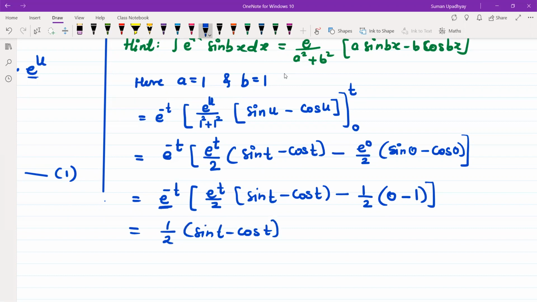Multiply this e raised to minus t to the second term also. So it will become plus half e raised to minus t. Why will it become plus? Because this is minus half and this is minus 1. So plus half e raised to minus t. So this is the final answer, kids. I hope everyone has understood this question. So half, sin t minus cos t, plus e raised to minus t. So this is the correct answer.